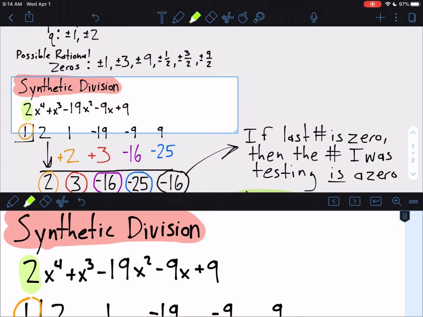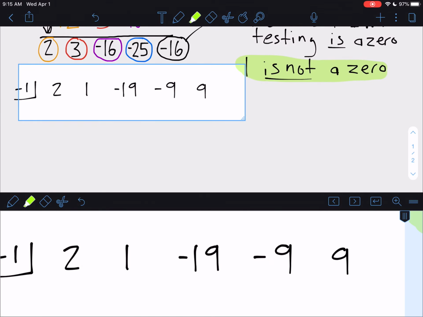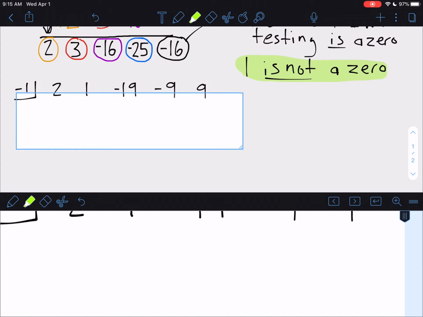I'll even highlight those because I got those coefficients from right here. 2 comes from the number in front, the next number, well, it's just 1 x to the third. Then I have the minus 19 x squared minus 9 plus 9, which is where the 2, 1, negative 19, negative 9, and 9 came from.